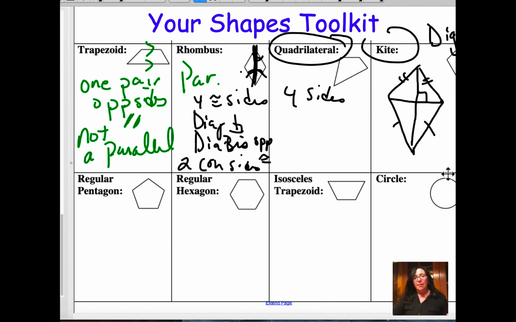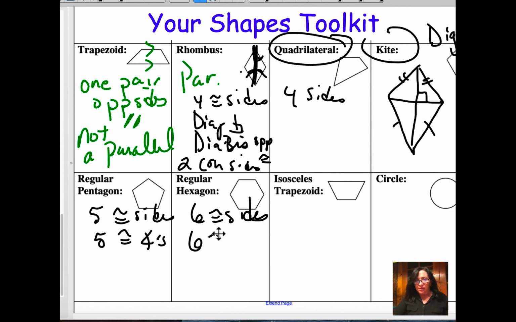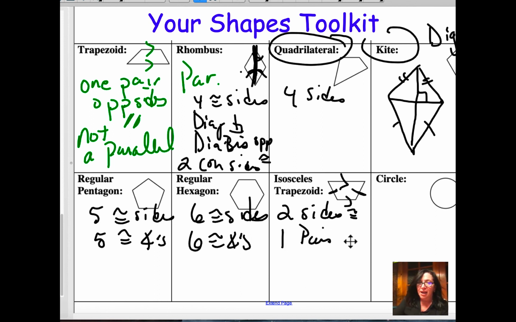So a regular pentagon has 5 congruent sides. It has 5 congruent angles. A regular hexagon, same. 6 congruent sides. 6 congruent angles. An isosceles trapezoid has 2 sides congruent, and 1 pair of parallel sides.